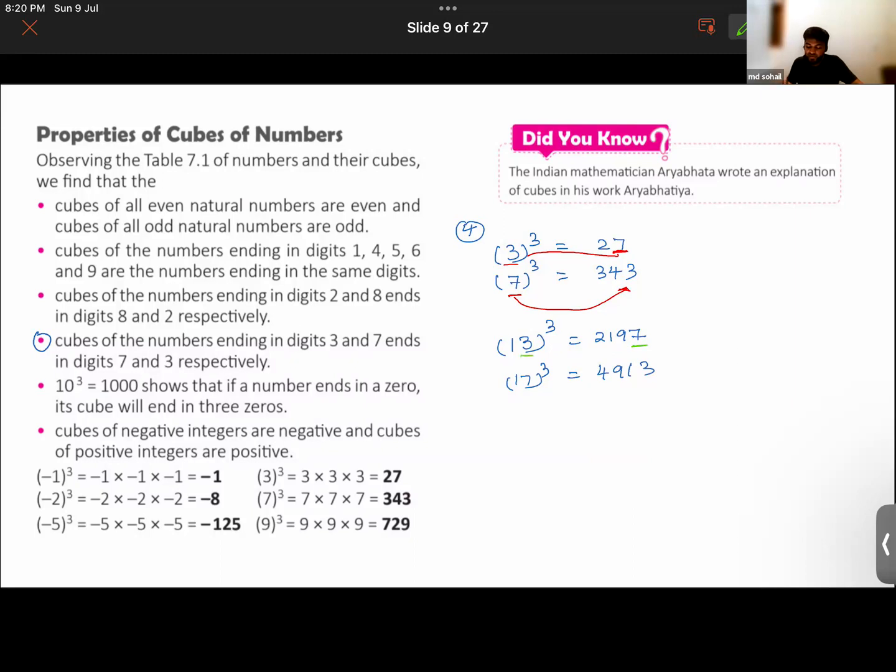And for 17, since its unit digit is 7, its cube is ending at 3 as per the property.